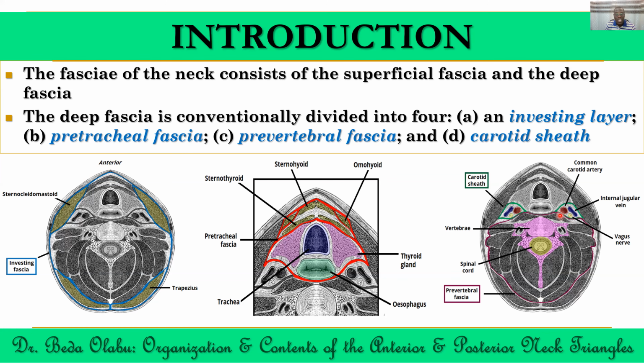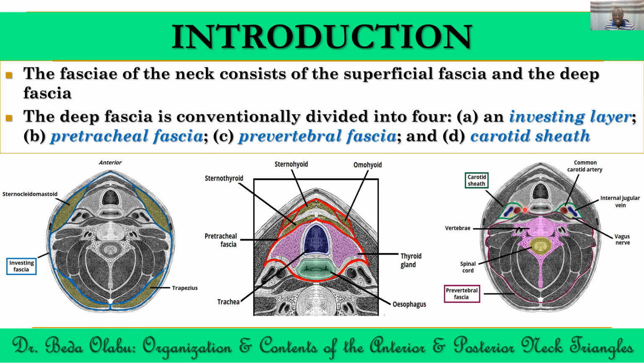The union of the three fascia occurs around the regions of the common carotid artery and the internal jugular vein. That union forms the fourth component of the deep cervical fascia, which we call the carotid sheath, the one outlined in green.